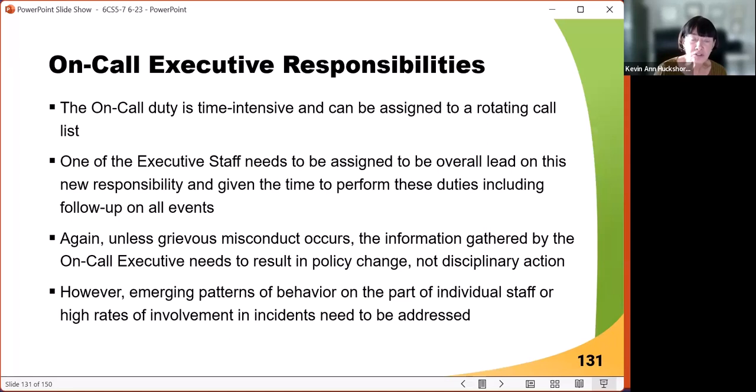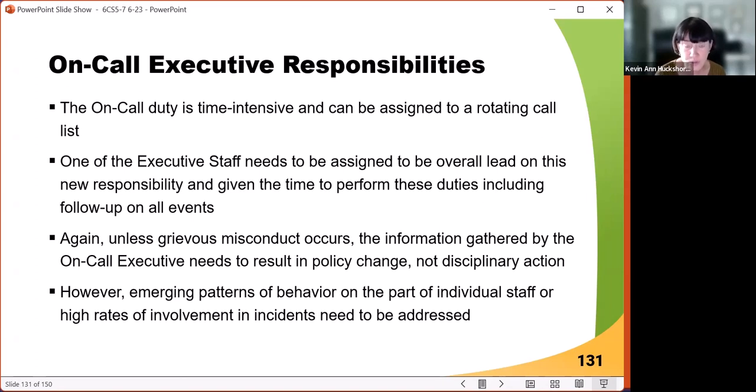So the on-call duty is time intensive, can be assigned to a rotating call list as long as everybody who's on the call list knows what they're doing and wants to do it. Somebody needs to be assigned an overall lead. Depending on the facility, whoever this executive staff is that's on call needs to be given time to perform these duties and maybe needs to hand off some other duties to somebody else.